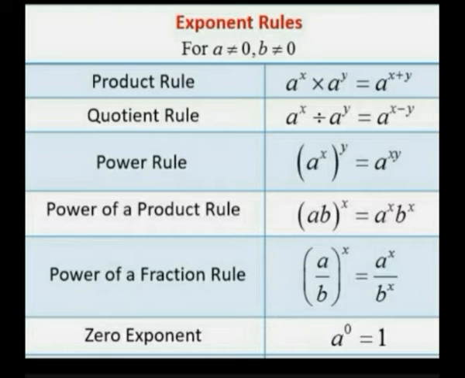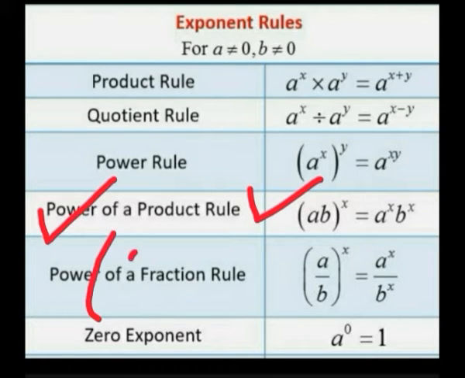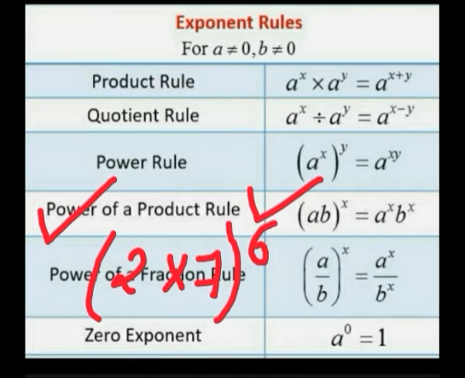Next is the power of a product rule. This is very important to understand. Though you studied it last year, it says that when the product of two bases is raised to an exponent, then the exponent will be distributed to each of the bases. Take an example here. For example, I say that I have an exponential number (2 into 7) whole raised to the power 6.